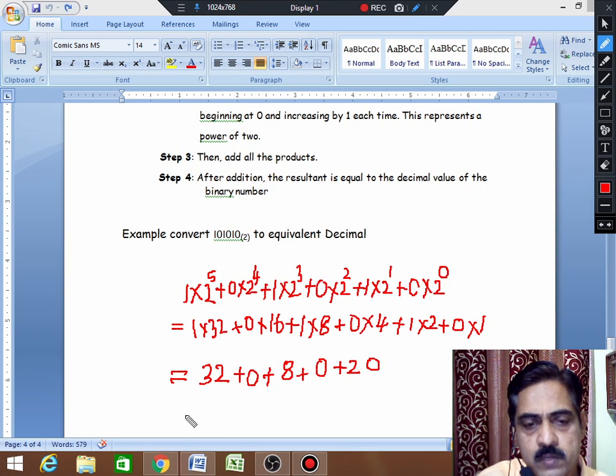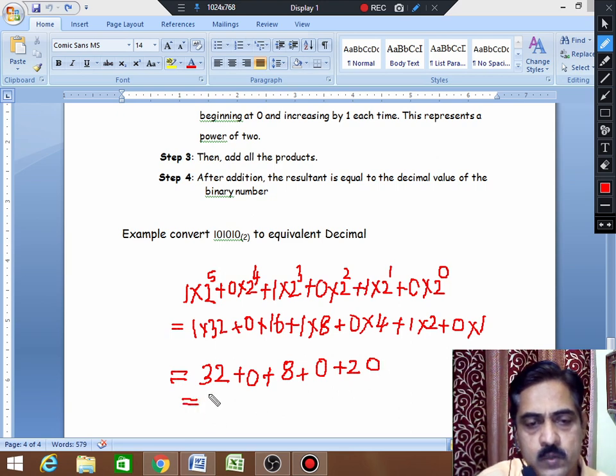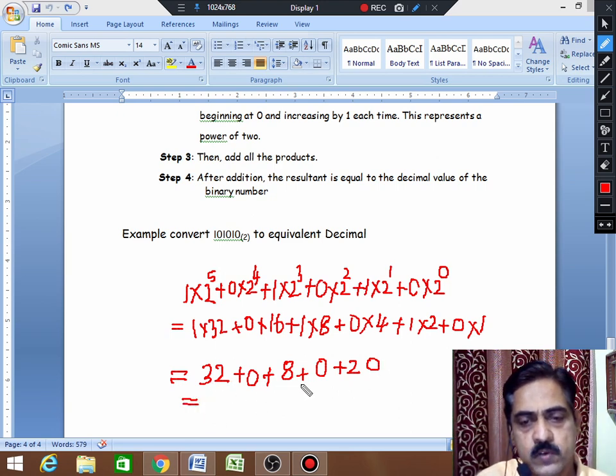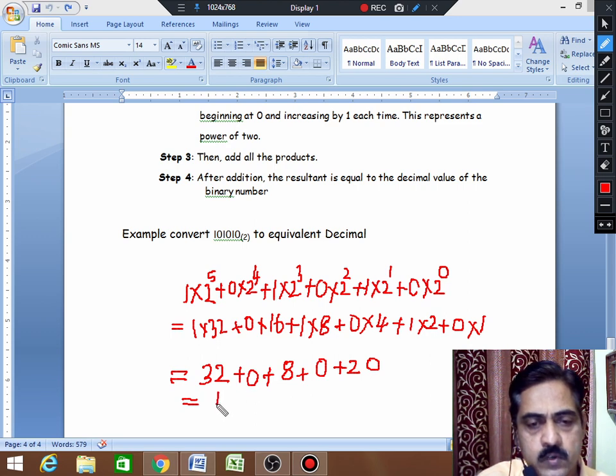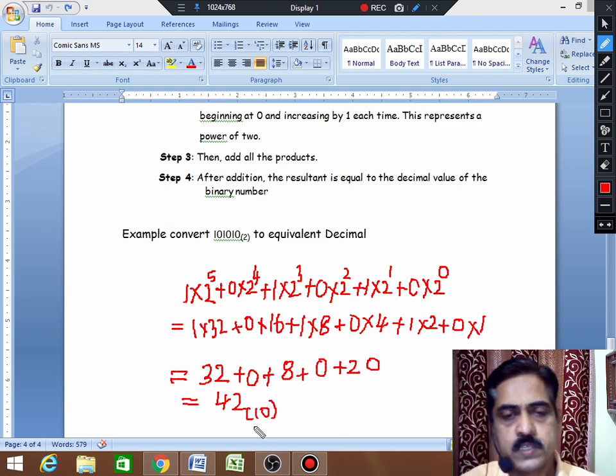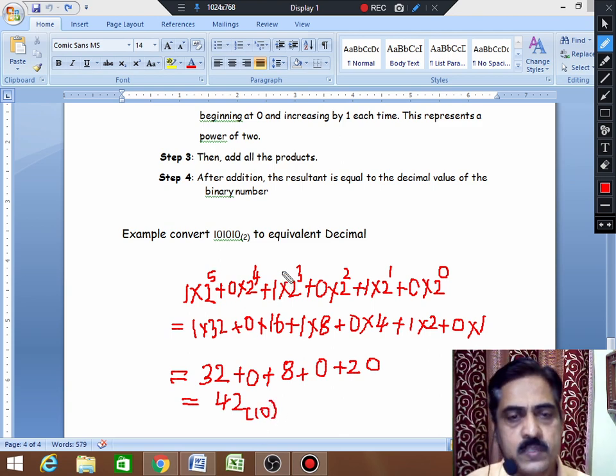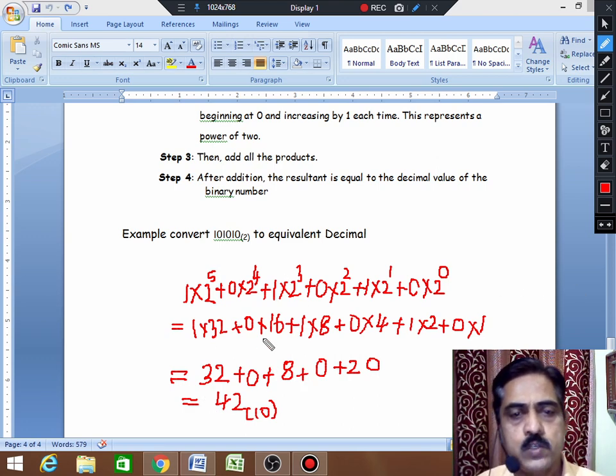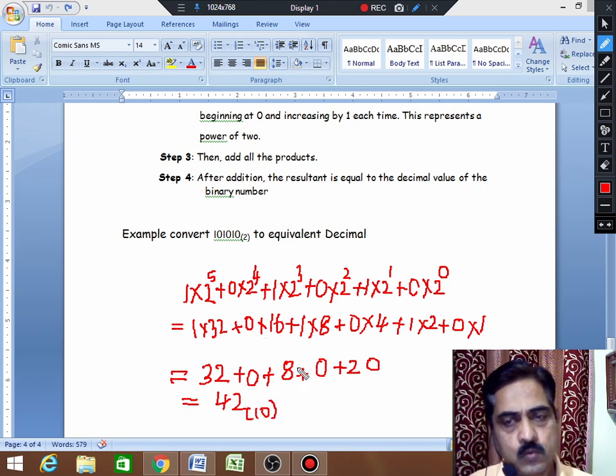So therefore the total is 32 plus 8 is 40, plus 2 is 42. This is base 10. 42 base 10 is the answer for this binary number. The equivalent of 101010 is 42.